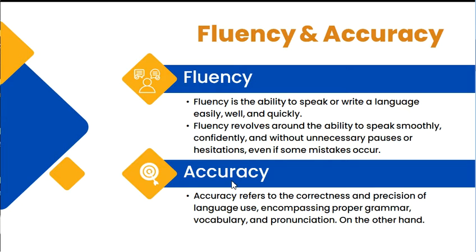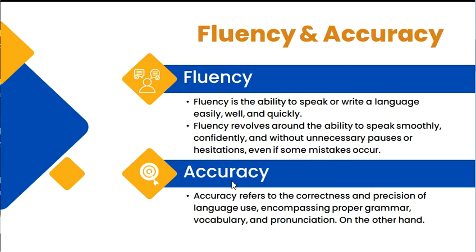Accuracy, on the other hand, refers to the correctness and precision of language use. It encompasses proper grammar, vocabulary, and pronunciation. So you can compare fluency and accuracy. Which one do we think is more important? In this context, we cannot say that one is more important than the other. Both fluency and accuracy are important, but they have levels.